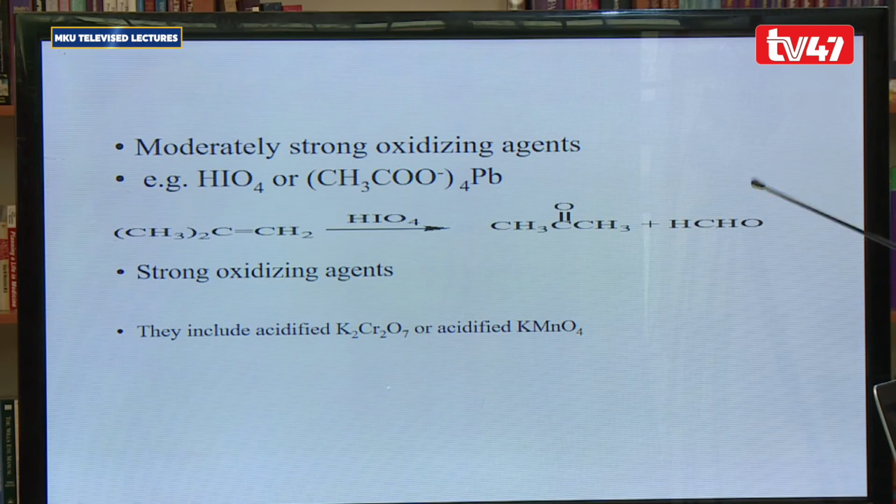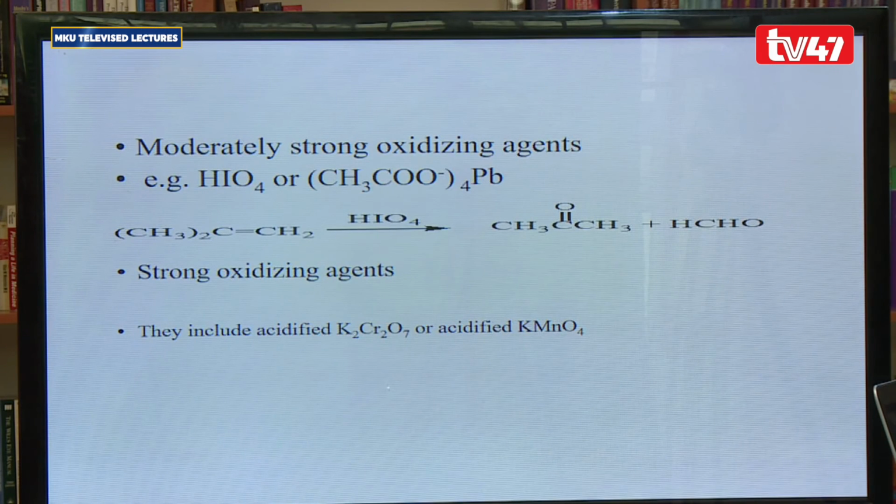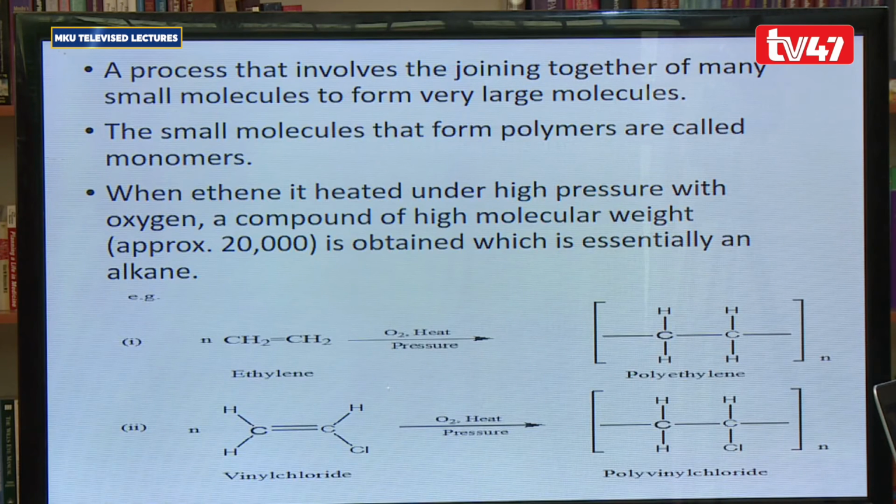But an aldehyde will further be oxidized into the corresponding carboxylic acid. And this reaction is a great distinguisher between alkanes and alkenes, in that alkanes generally will not be oxidized, except where we have tertiary branched alkanes. And in that case, the oxidation can only be carried out using strong oxidizing agents. So the decolorization of the oxidizing agents can distinguish between alkanes and alkenes.